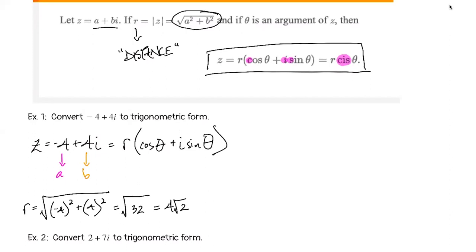So everywhere where I see an r, I can replace it with 4 root 2. Right? Now, the only other thing we need to find is our theta. We need to find our angle. And to do that, I'm going to go ahead and sketch where this point is on the complex plane.